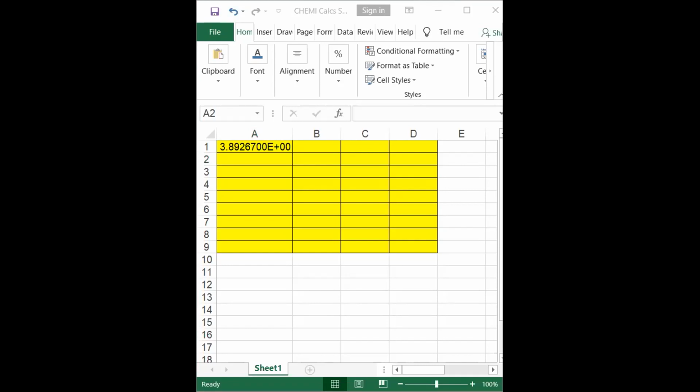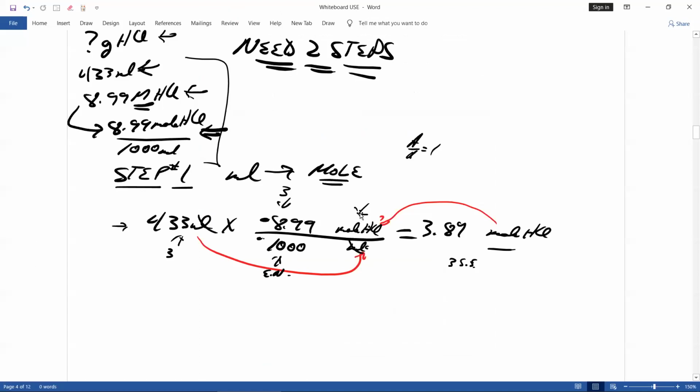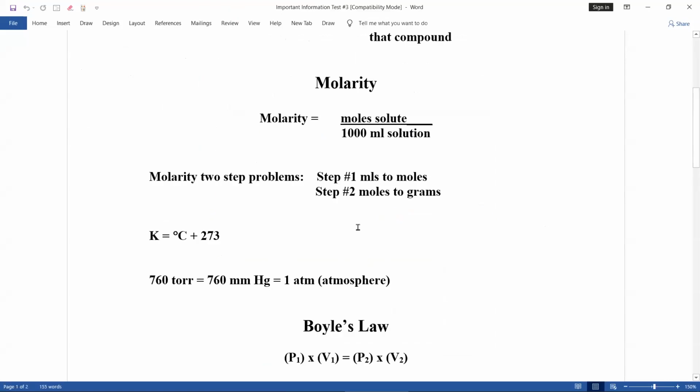Now, when we have more than one step, there's two philosophies: round off at each step or round off at the end. For those type of situations, I will, guess what? Do it both ways, because I'm not going to force you to do it like I am, a round off at each step person. Now, if we go back here, the second step of the molarity two-step problems is moles to grams. So let's go back here.